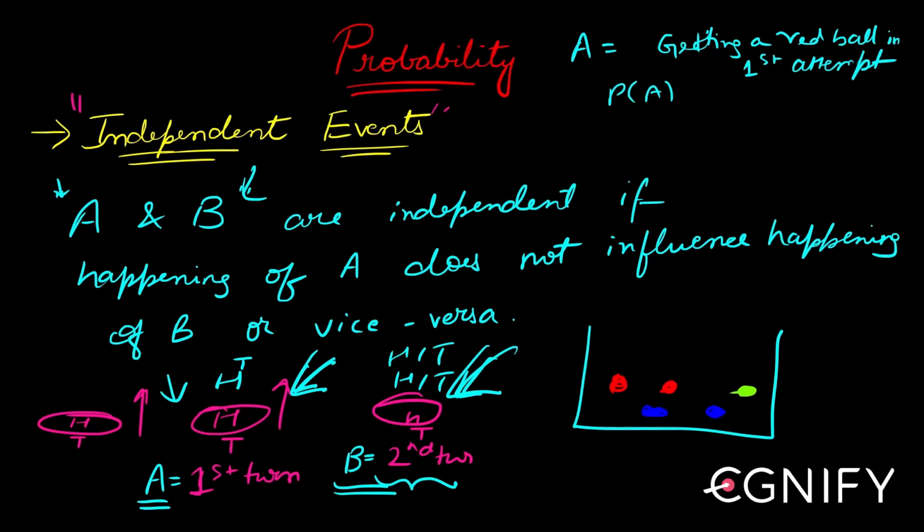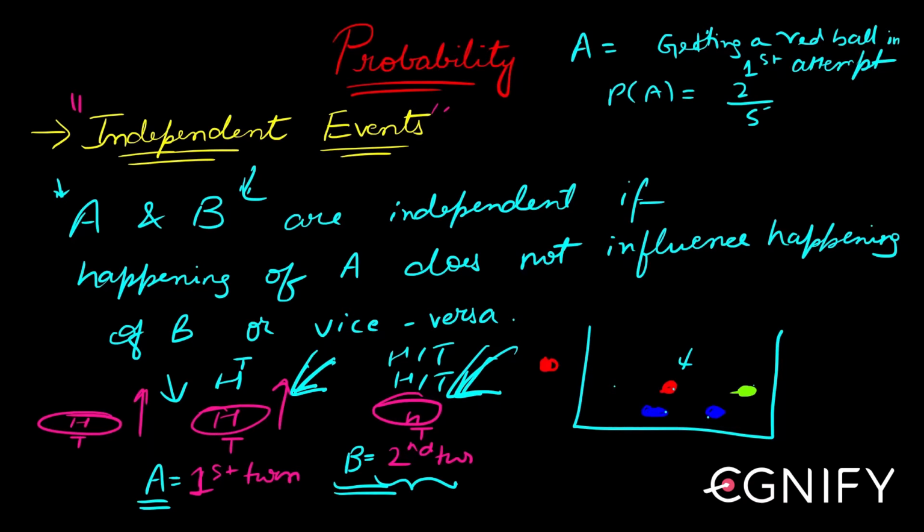What is the probability of A? The favorable cases are 2, and the total number of cases is 5. There are 5 balls here. So 2 by 5 is the probability of A. For example, I got a red ball, I've picked it up, and I've kept it out of the box.